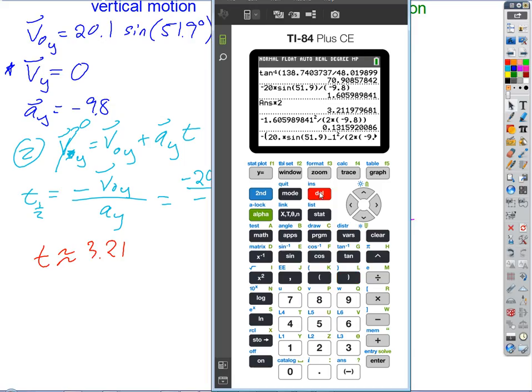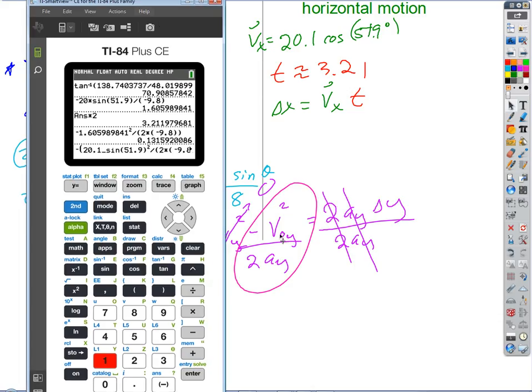Did I forget? Oh, there's no 1. I got you. Okay. So frustrating. It's rain. It's throwing you off. Yes, yeah, maybe that's it. So everybody agrees. So there's 20.1 sine 51.9. So that is my negative V naught, right? V naught sub y is just that 20.1 sine 51.9, the initial vertical component. Agreed? Square that, multiply the whole thing by negative 1. Now this should give me the right answer.